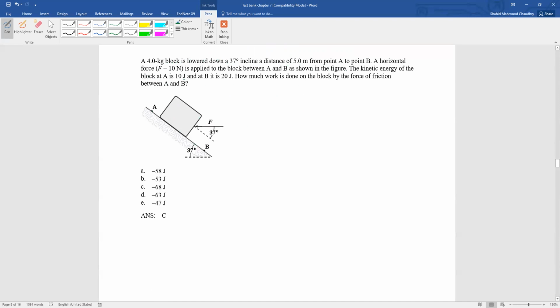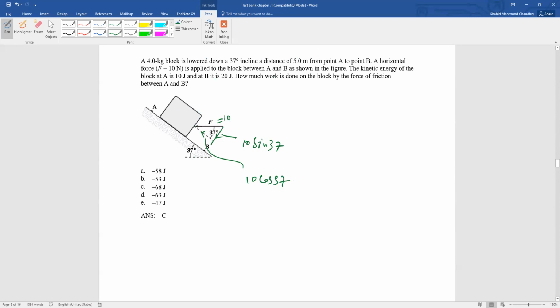A horizontal force F, its value is 10, but this is not acting parallel to the x-axis. It is making some angle, so that's why you have to make the components. This component is 10 sine of 37, and this component is 10 cos of 37.